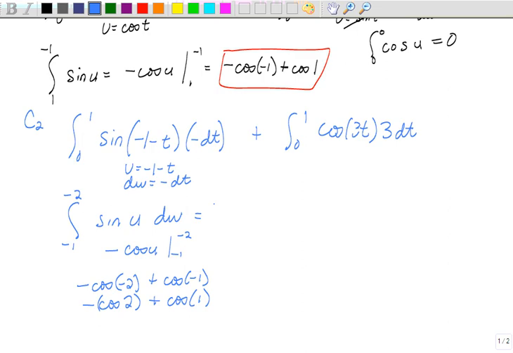Well, I'm not going to change this one because if you notice in green, that one is going to cancel with this one. Okay, let's move on. The integral of cosine is sine 3t divided by 3, so those 3's will drop out.